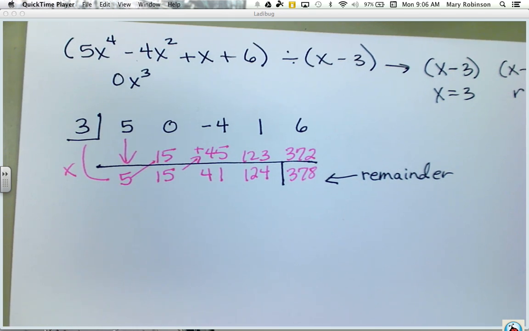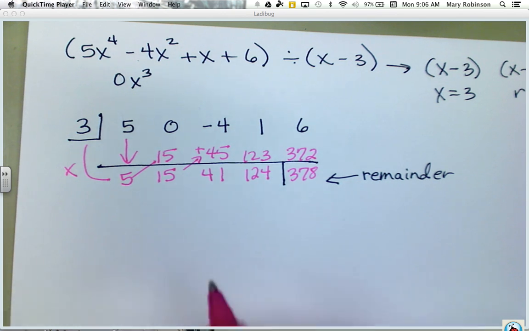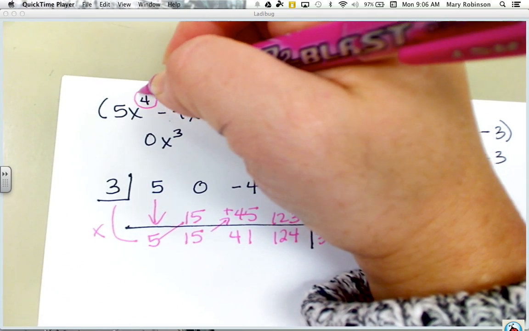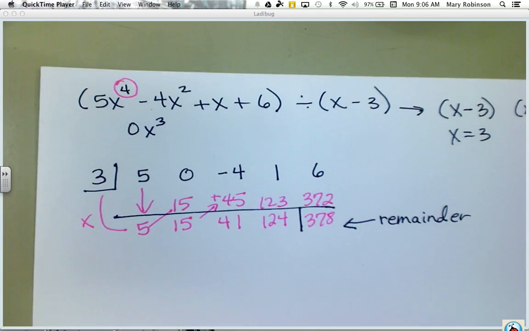So let's talk about what information we're given here. What we now know is what the coefficients are for our answer. The first thing you need to know to write your quotient is that the degree of your quotient will always be 1 less than the degree of your dividend.